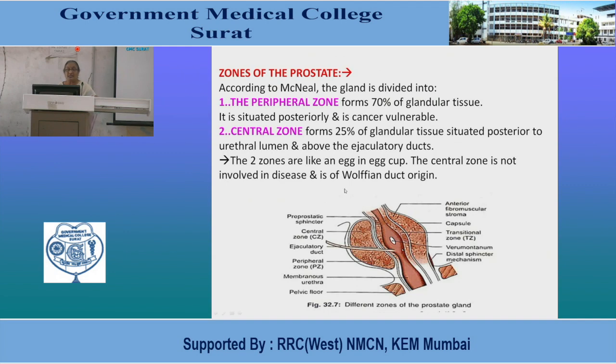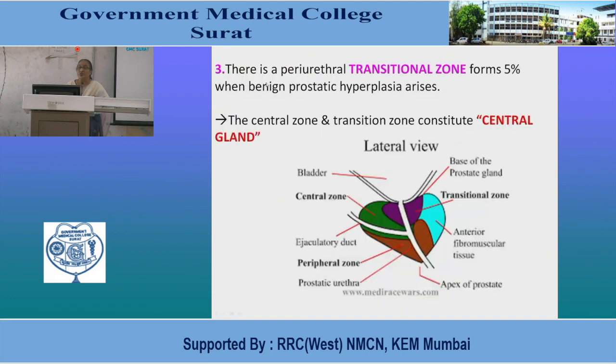The central zone is not involved in disease and is of Wolffian duct origin. Now there is a third zone, the periurethral transitional zone. This is the transitional zone.